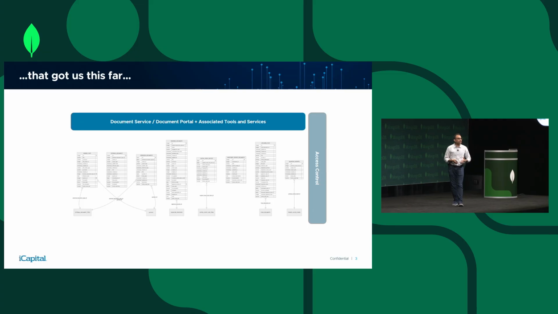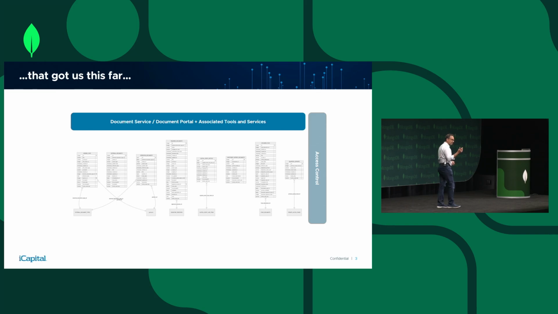Whenever we added a new class of documents, we would add a new table. The document center was supposed to be a unified experience. So essentially, we had to take data from all of these tables and present it to the user in one unified view. That meant a complex and costly join, which resulted in poor performance.